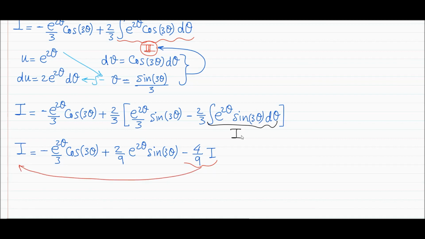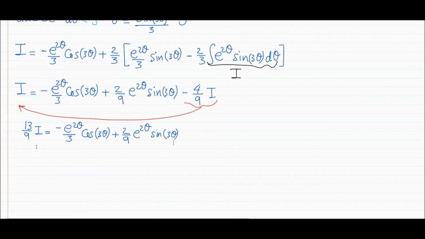So it will be I plus 4/9 I, which will finally be 13/9 I equals negative e^(2θ)/3 cos 3θ plus 2/9 e^(2θ) sin 3θ. And in order to evaluate only I, you have to divide both sides by 13/9.